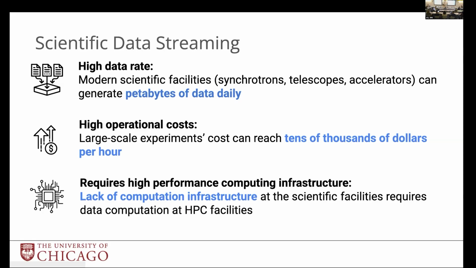These experiments, depending on the infrastructure or instrument, can be really costly, up to tens of thousands of dollars per hour. And research facilities usually don't have enough computation infrastructure to analyze or do computation on the results, so the data is usually transferred to another facility such as HPCs.